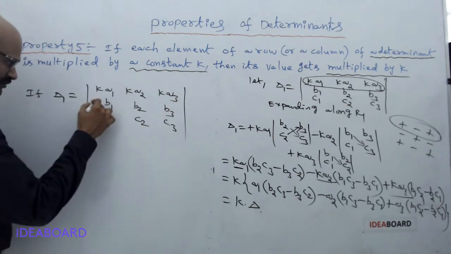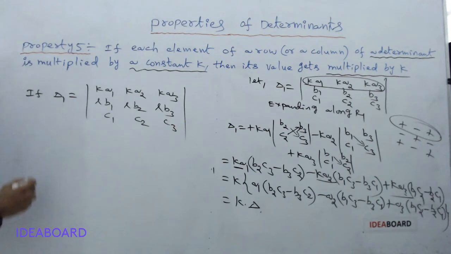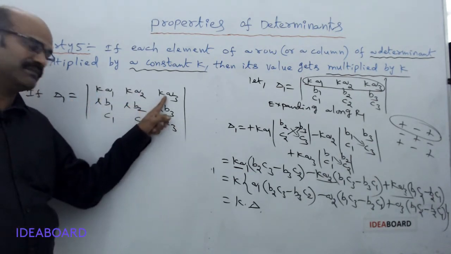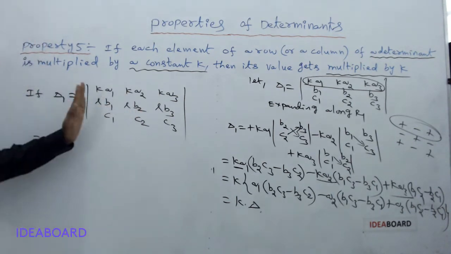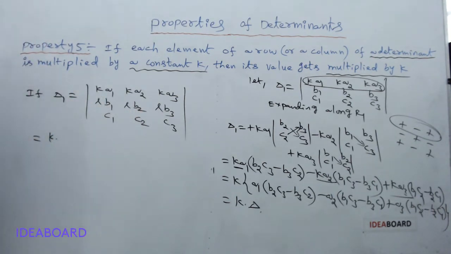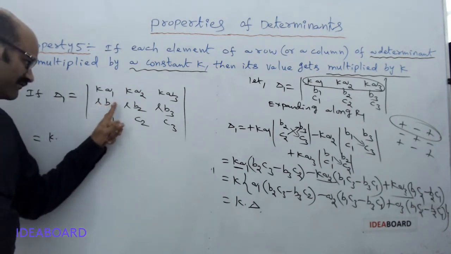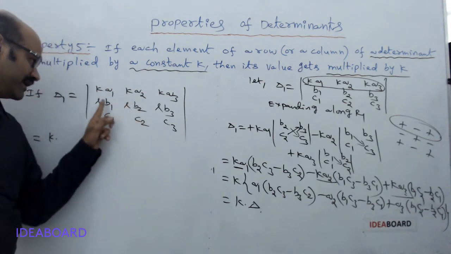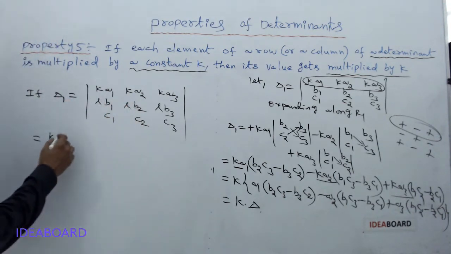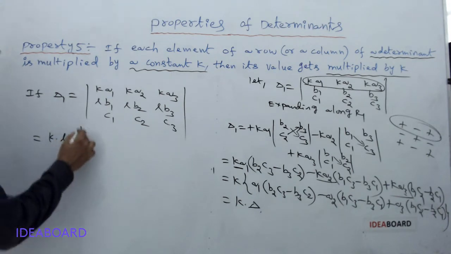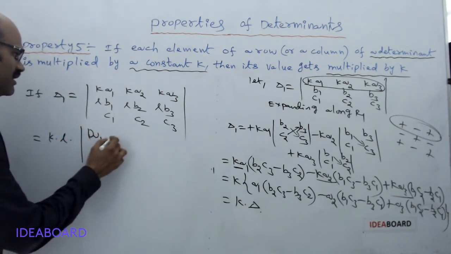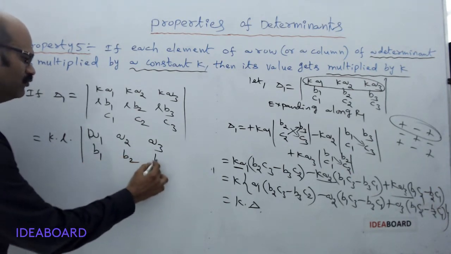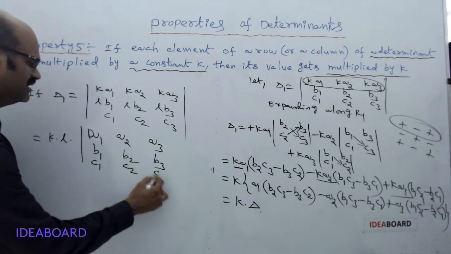Here second row is also multiplied by l. It implies, since each and every element of R1 is multiplied by k, that k can be taken outside, into, since each and every element of second row is multiplied by l, that l can be taken outside.